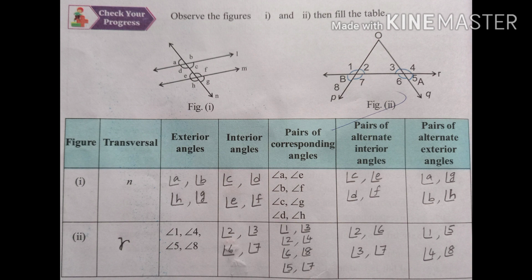Similarly, in figure 2, what is the transversal? See here, OA and OB are two lines. These two lines are intersected by the transversal at two different points. Here R is the transversal.